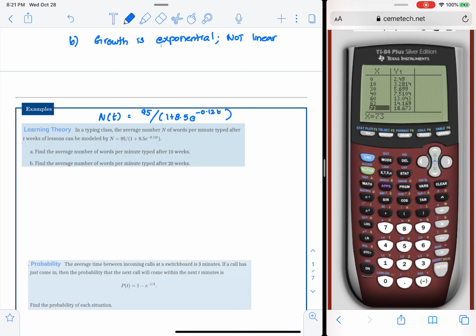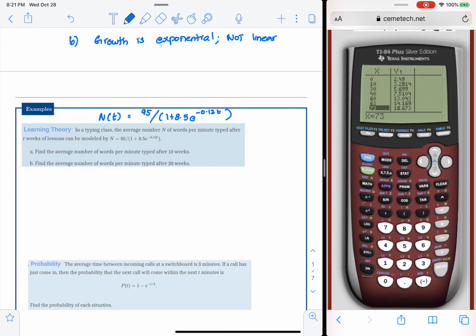So we would like to know what would happen over time: the average number of words that we would type after 10 weeks and after 20 weeks of lessons.